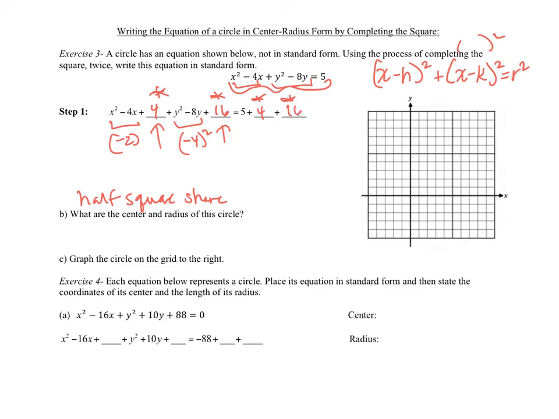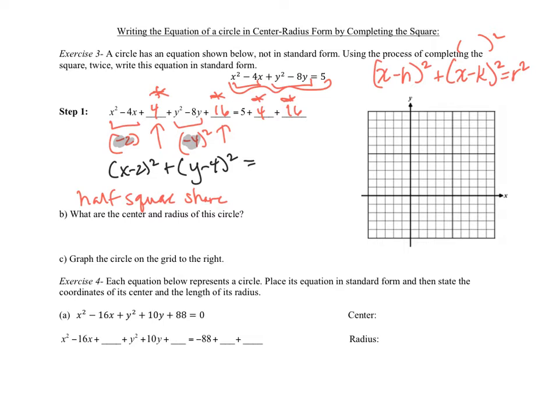Okay? So now for the fun part, I'm going to use my same rule with my halves. I have (x - 2) squared plus, what's my half for the y's, -4, (y - 4) squared is equal to 5 plus 4 plus 16, which is 25.